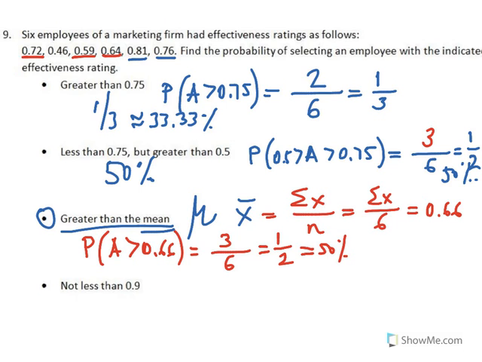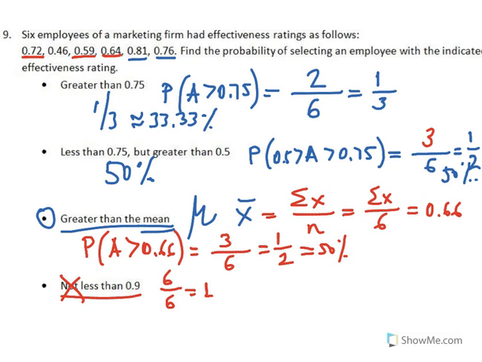What about this now? Not less than 0.9. Now, I like to understand this and make it simple by just removing the not for now. So less than 0.9. How many of those are less than 0.9? There are 6 over 6, which is 1, meaning all of them are less than 0.9. Now, what about not less?